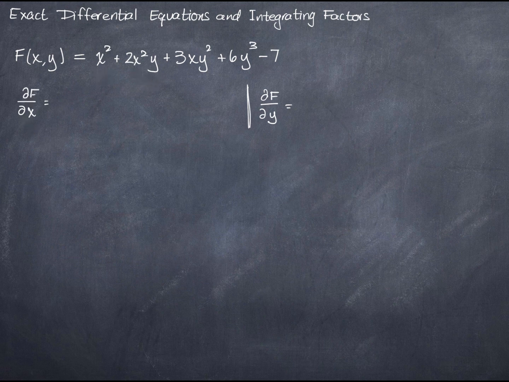So we'll do the partial with respect to x. The derivative of x squared with respect to x is 2x, and that looks just like the ordinary derivative with respect to x, because there's no y in this term. But if there was a y factor, then it would be slightly different, which we'll see in this next term.